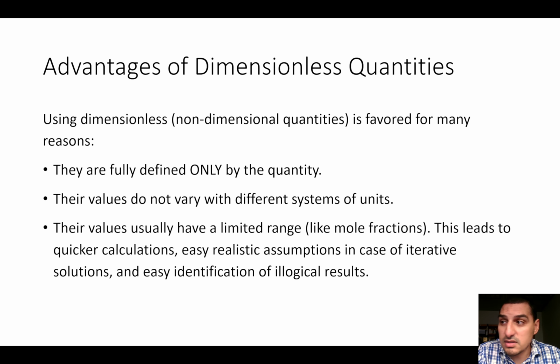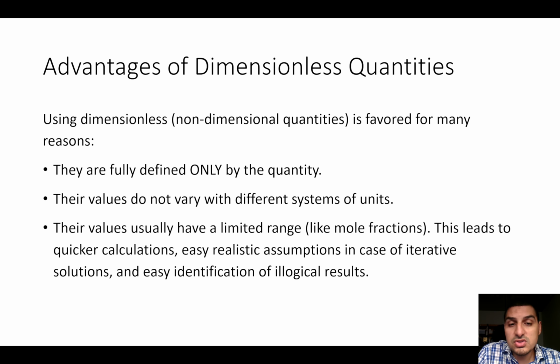I don't know the final answer, but if I assume a value that's closer to the solution, I will take less time and fewer trials to reach the correct answer. And the dimensionless quantities give us a very good opportunity to do this, because you have a very narrow range. For instance, if you have a mole fraction, it's from 0 to 1. Whatever you assume is going to be close to the answer. So it makes the calculations quicker and the assumptions more realistic in case of iterative solutions.